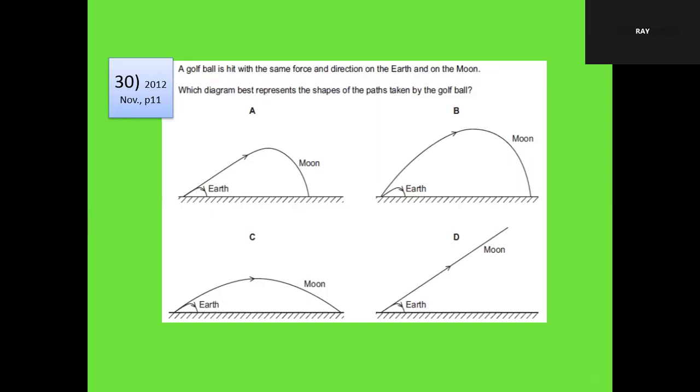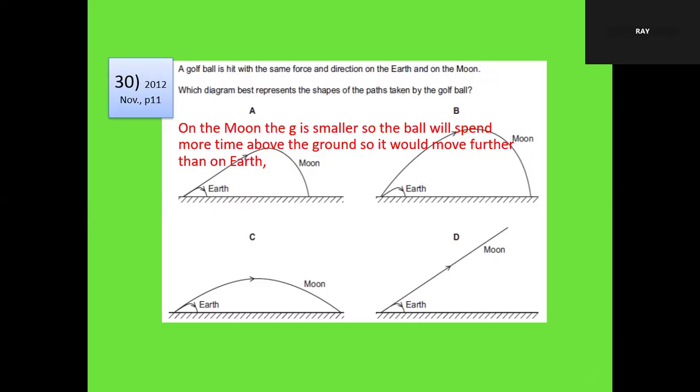B. No, there is no air resistance on the Moon. g is smaller, so the ball will spend more time above the ground, so it will move further than on Earth.